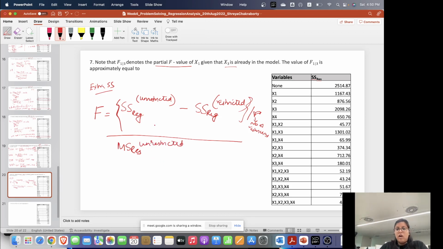So all we need to determine in this context is which one is our unrestricted model and which one is our restricted model.